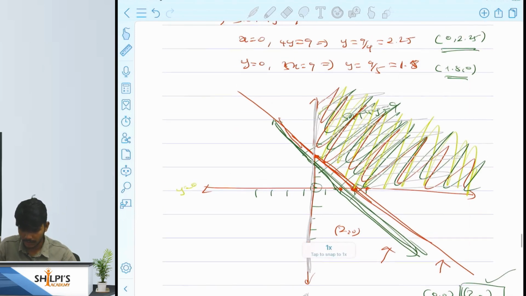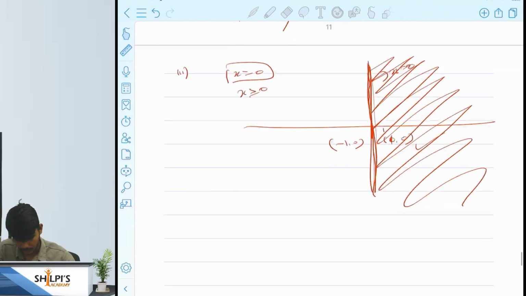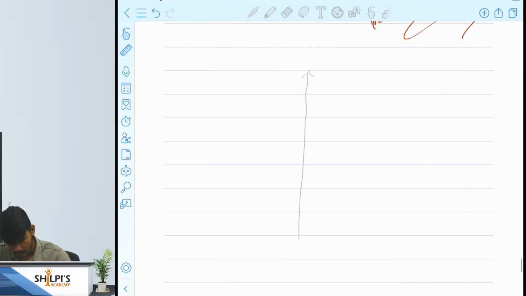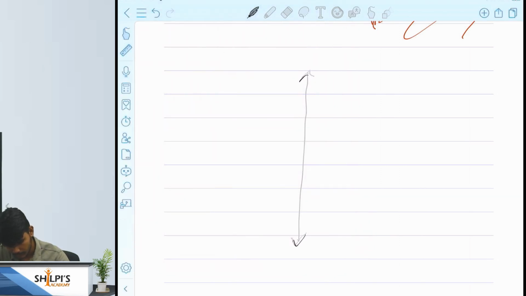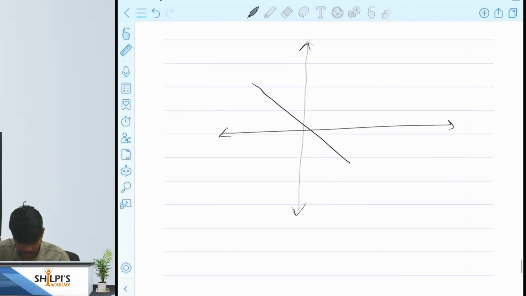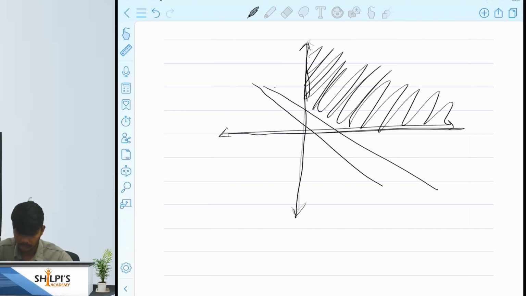So our common region for these 4 equations will look like this. Here I will have one line, here one line, and here also one line, and here also one line. Right? Where will the common part for the four be? Here it is. That is what we are trying to find. That's all.